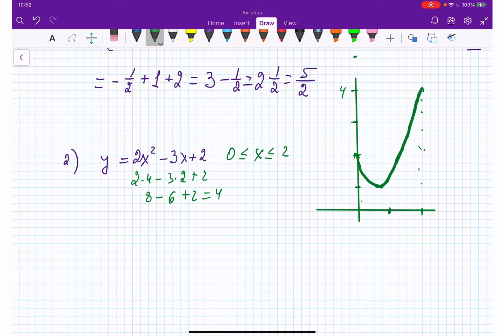All right, so what we need to do is find the area between 0 and 2. That's what we need to find out. The integral always finds the area under the curve.